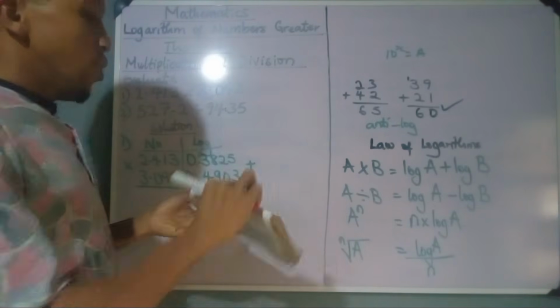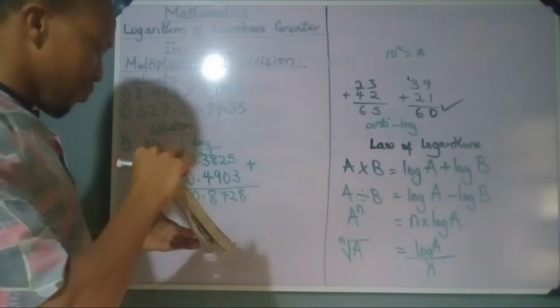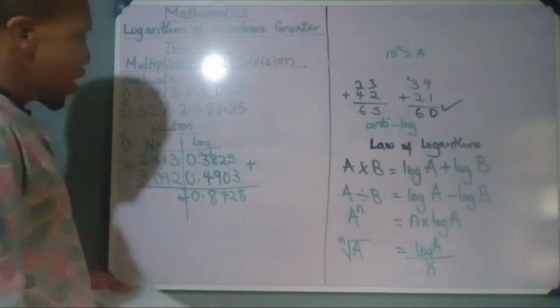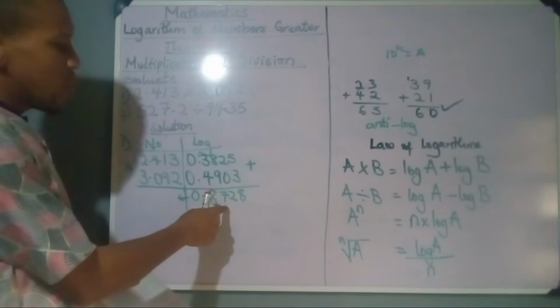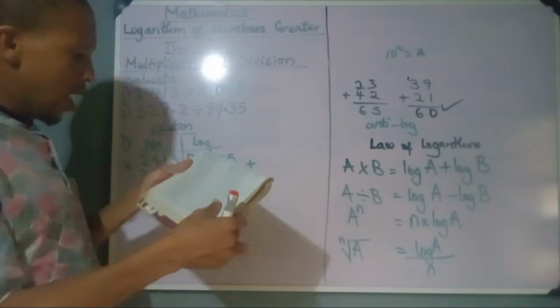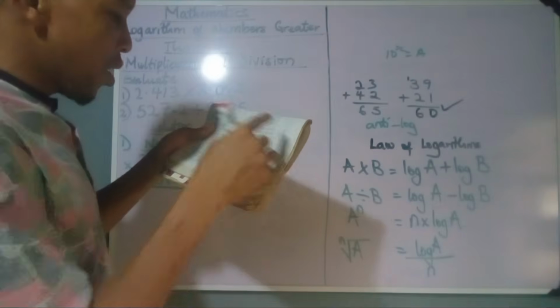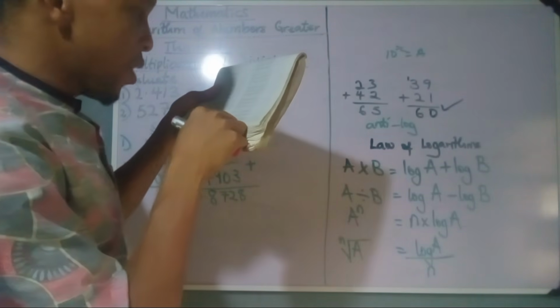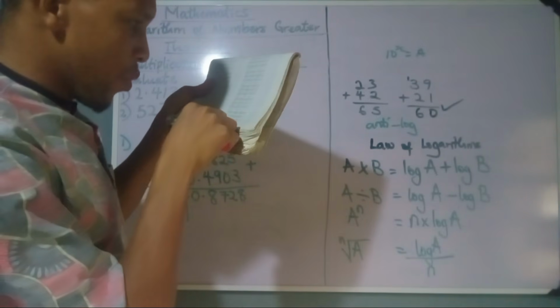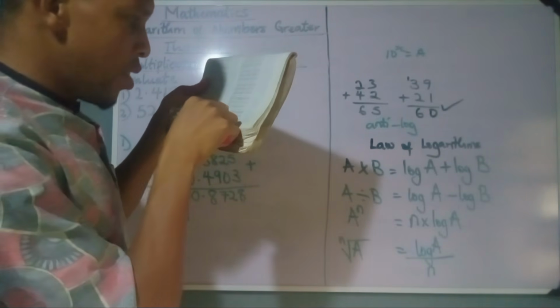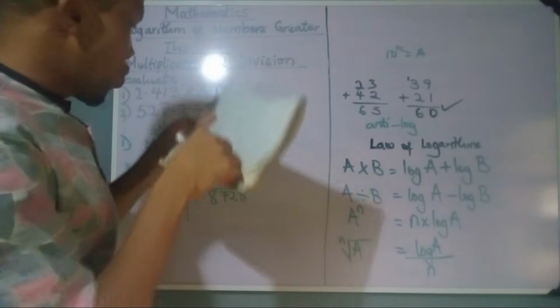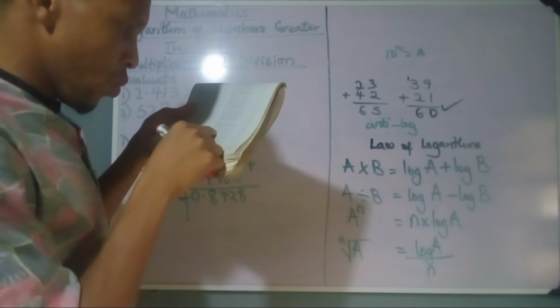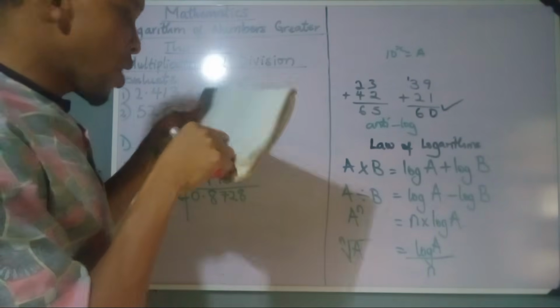Now, using the anti-logarithm table, I'm going to check 87 under 2, difference 8. So under the anti-logarithm table, just like the logarithm table, here I'll be checking 87. 87 under 2 gives us 7447.